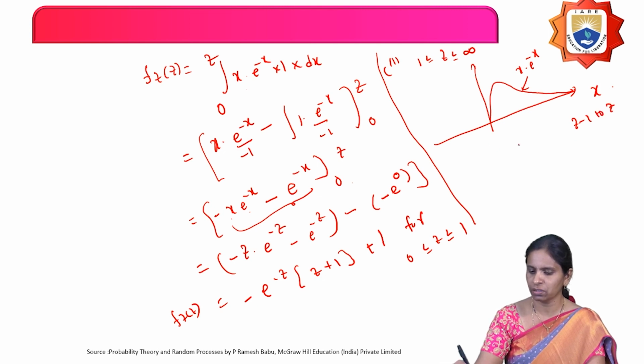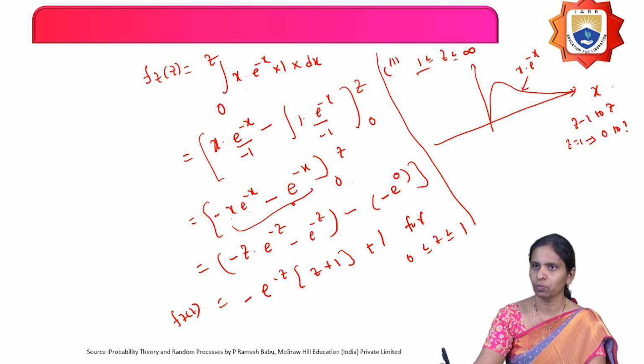And when z equals 1, what can happen here? 0 to 1. When z equals 1, 1 minus 1 is nothing but 0. So 0 here, 1. And when z equals infinity, infinity minus 1 is infinity to infinity.